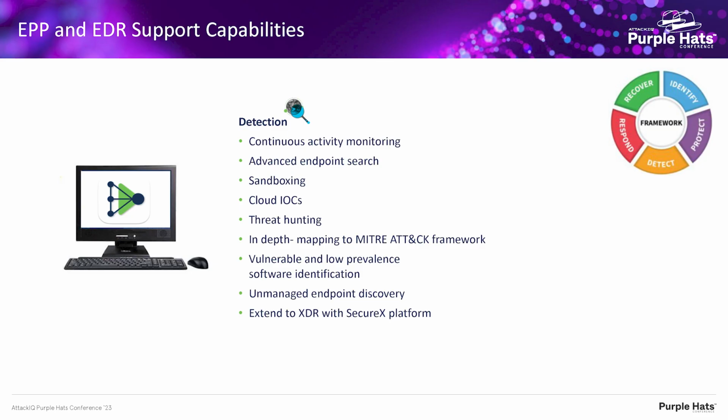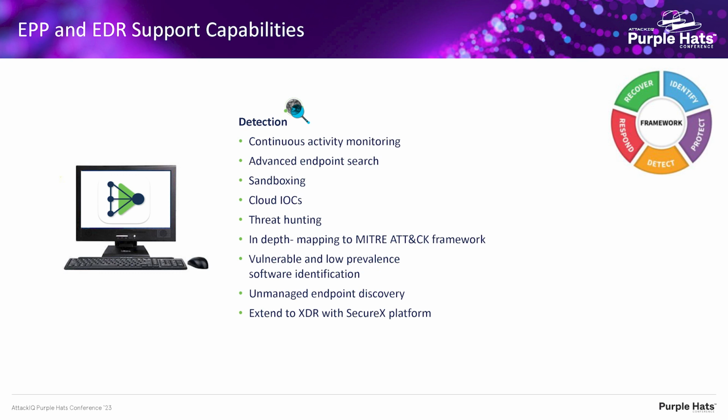We want continuous activity monitoring. We want to make sure that we're checking to see what's happening. If a file is doing something that's strange, we want to maybe flag that and mitigate. We want to be able to do searching across the fleet of assets for things that are interesting. This could be something like Log4j and some of the software that's out there in the environment and whether or not we're exposed.